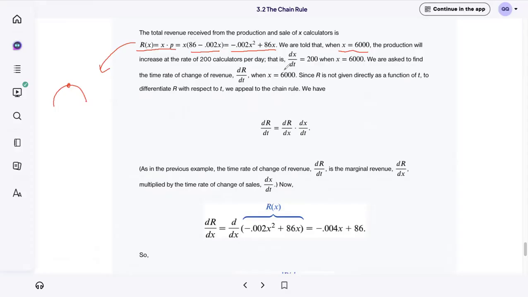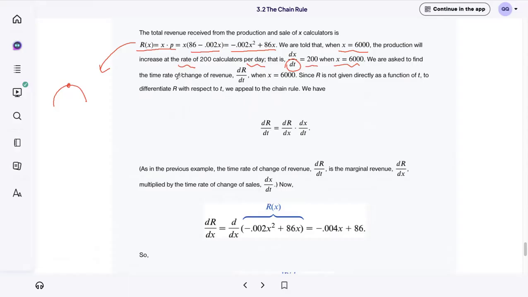So what does that mean? Remember, it's the rate of change, which means dx/dt, right? Per day, time is involved. So dx/dt equals 200. That's how fast it's changing, when x equals 6,000.